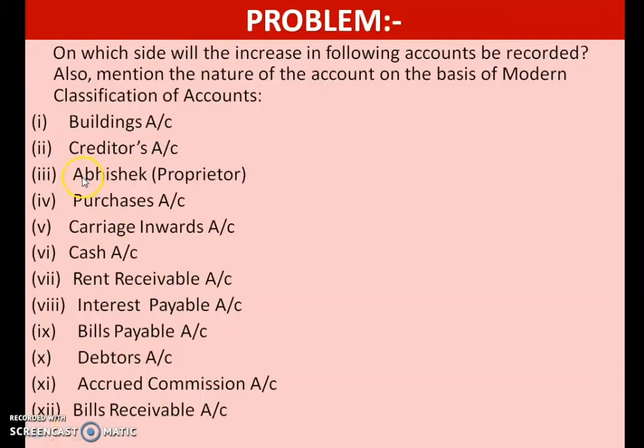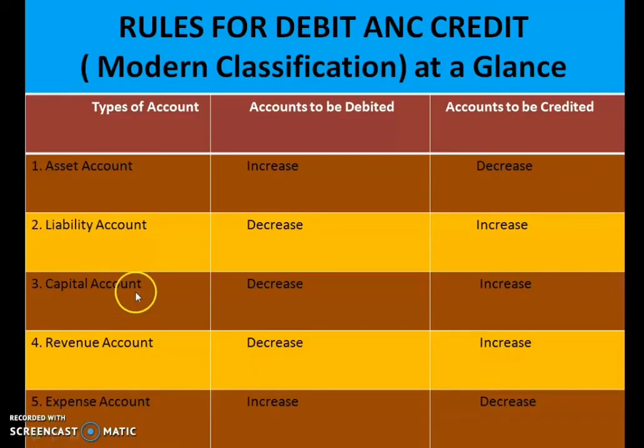Next item is Abhishek. Abhishek is the proprietor. See, proprietor means it comes under capital account. If it is increasing, which side are you supposed to post it? Credit side. Okay, Abhishek is the proprietor, it comes under capital account, it is increasing, so you have to show it on the credit side.